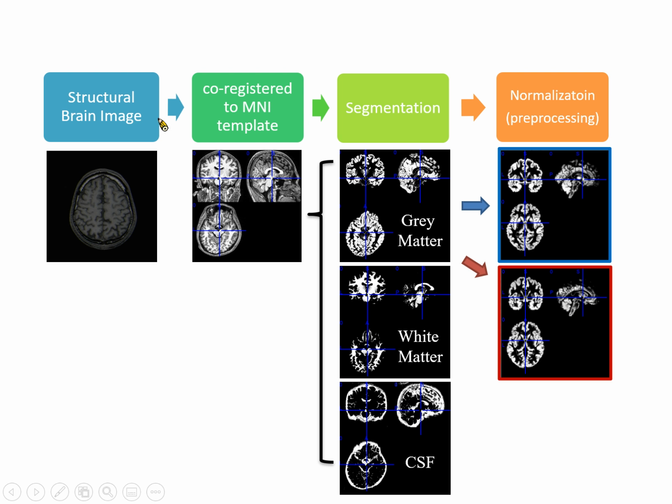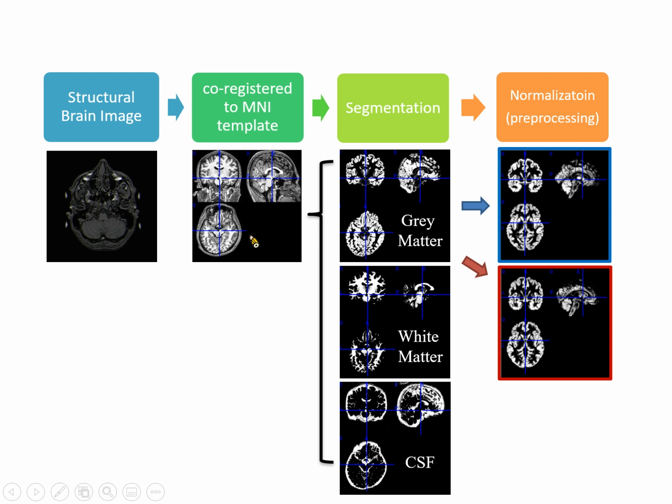Then we can standardize the brain imaging with a standard template. That means we can project everyone's brain to a standard brain space, so that we can compare one's brain to another, because everyone's brain shape is different.